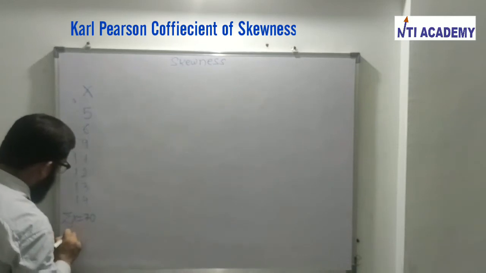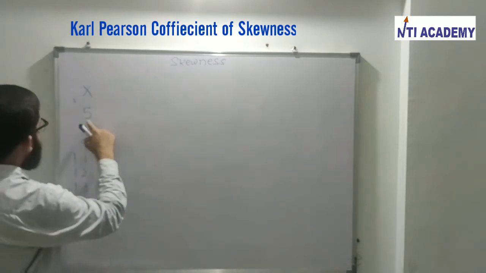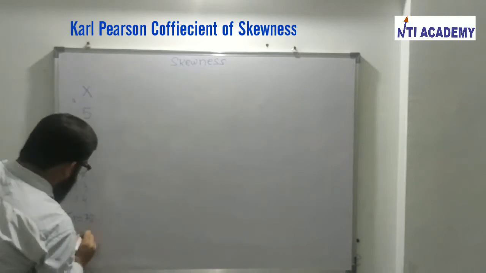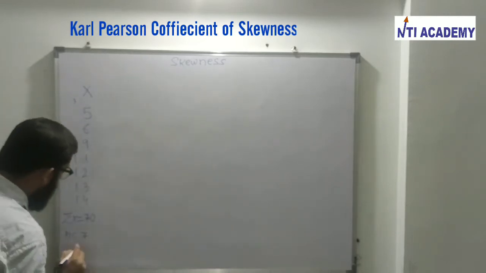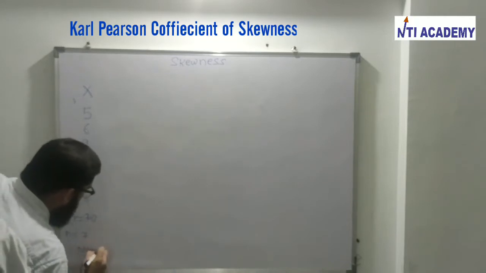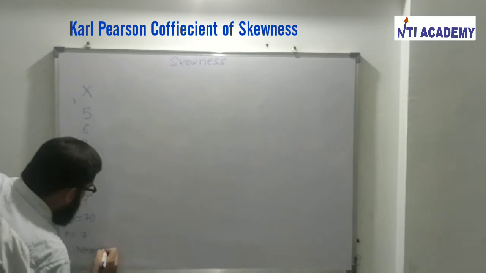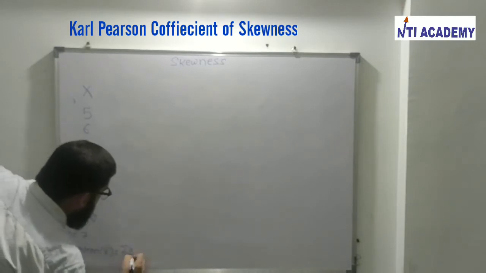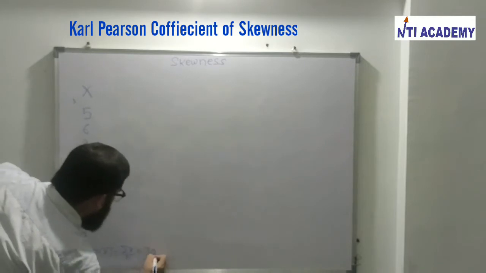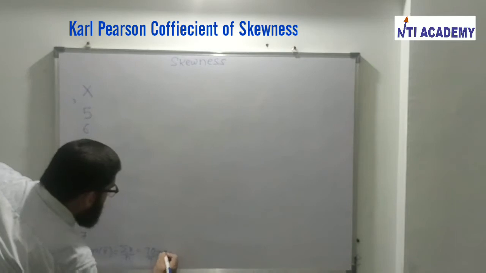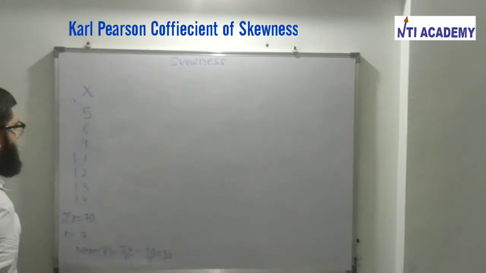And the value of n is 1, 2, 3, 4, 5, 6, 7, so n is 7. Therefore the mean, x bar, is summation of x upon n, that is 70 upon 7, which is 10. So this is the mean of the sample.